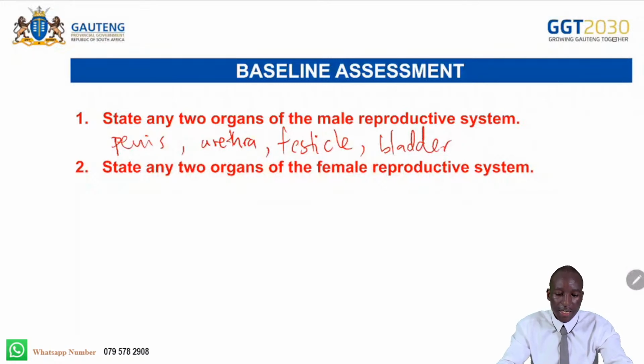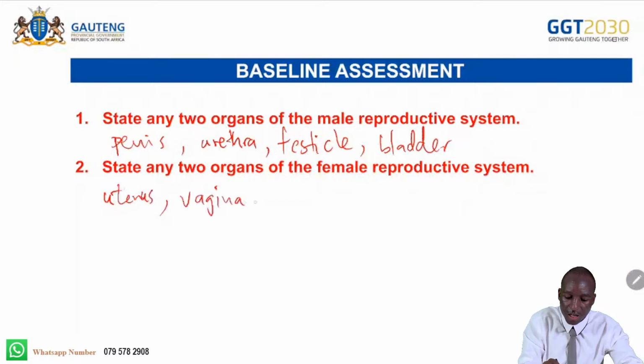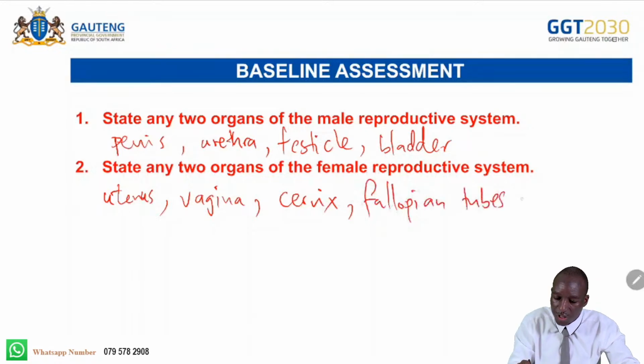Right, number two, it says state any two organs of the female reproductive system. Right, so what you have there, we have got the uterus, we have got the vagina under the female side, then we've got cervix, right, then we've got the fallopian tubes, right, and then of course we've got the ovaries, right.